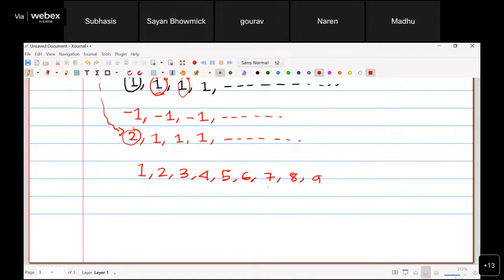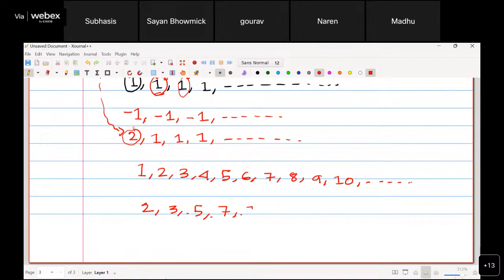8, 9, 10. This is my original sequence. So what is my subsequence? I'll take 2 first, right? Then I will take 3. Then I will take 5. Then I will take 7.